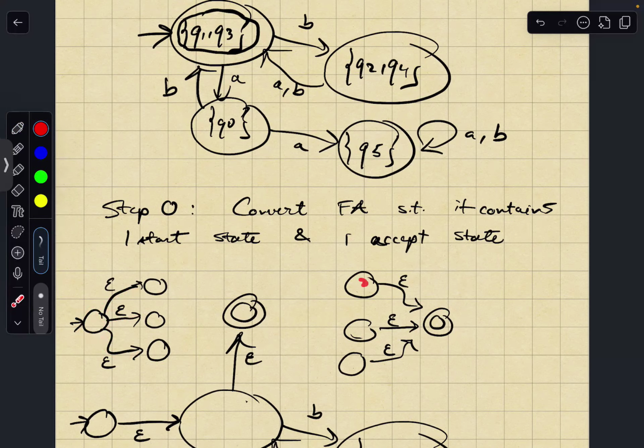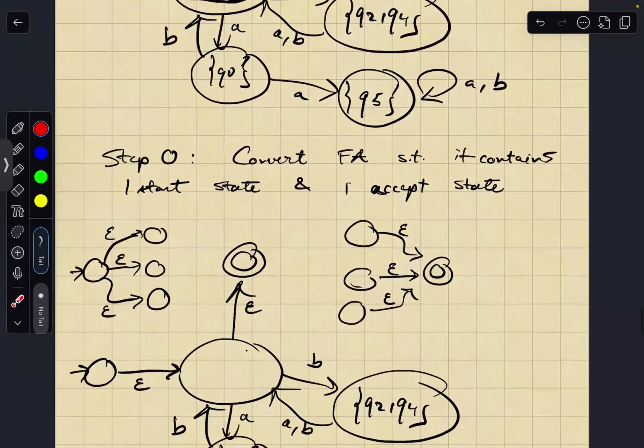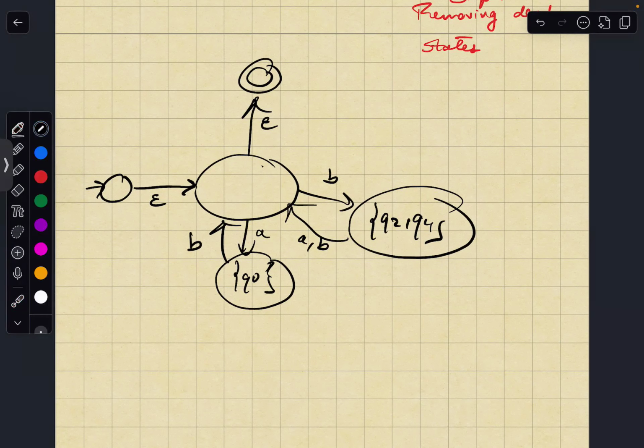Because suppose initially I had like 3 accept states. Then if I just want one accept state, I make these not accept states, and then I create epsilon transitions to the accept. Yeah, that's another good point, thank you.